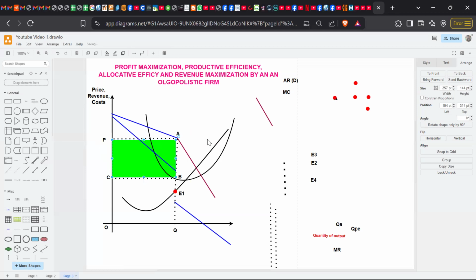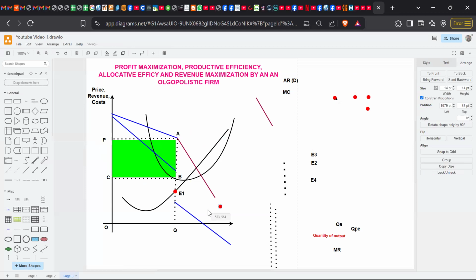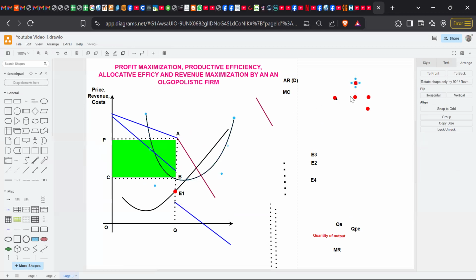Okay, now, if the firm is wanting to produce at productive efficiency, which is defined as the production happening at the minimum point of AC. Yeah, let me drag this. Minimum point of AC.